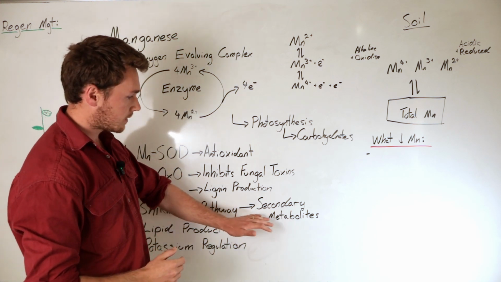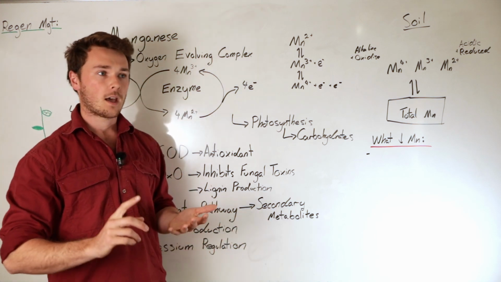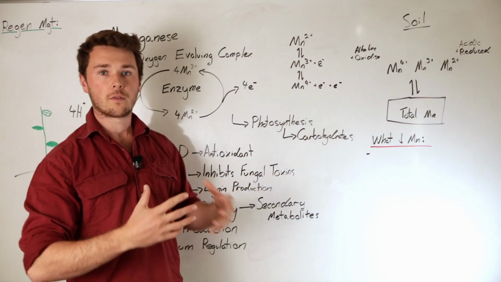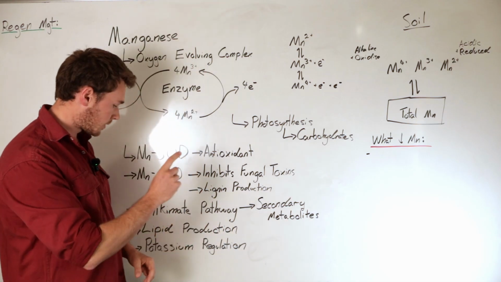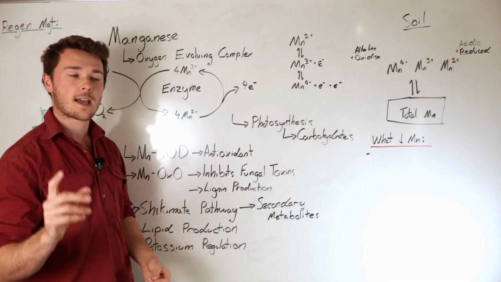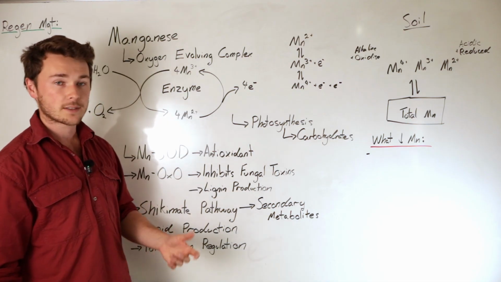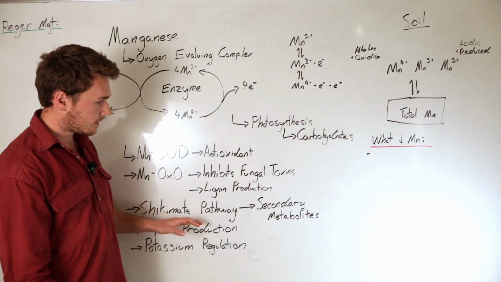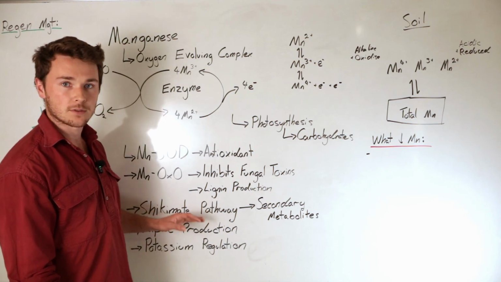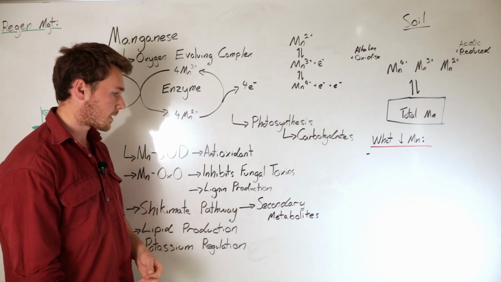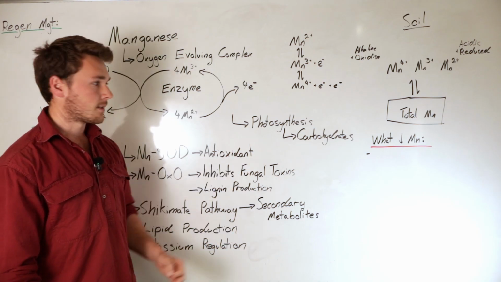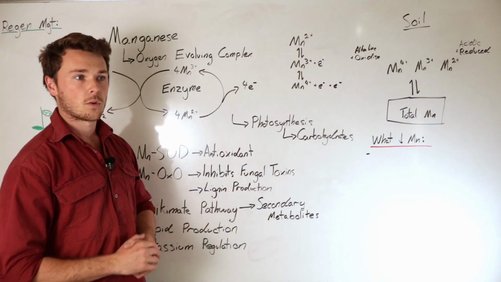So this is super important for developing the flavor and aroma of our plants. Interestingly enough, the shikimate pathway is the pathway that actually gets shut down by Roundup or glyphosate, and shutting this down is actually what kills the plant when you're using Roundup. And we'll talk about Roundup and manganese in a moment, because there's a very interesting link or effect on each other.